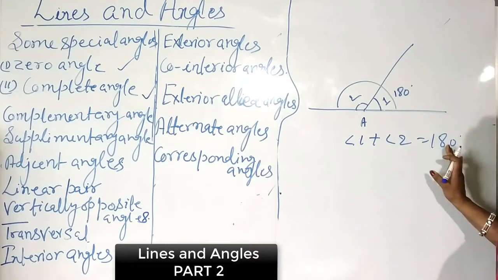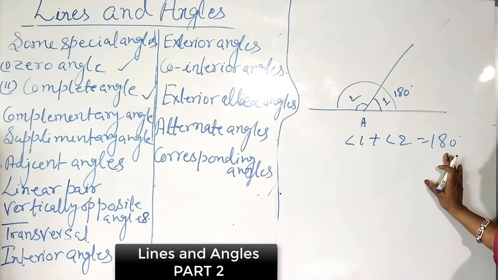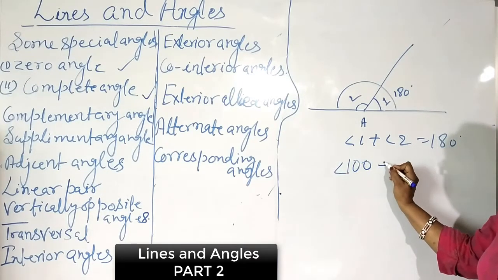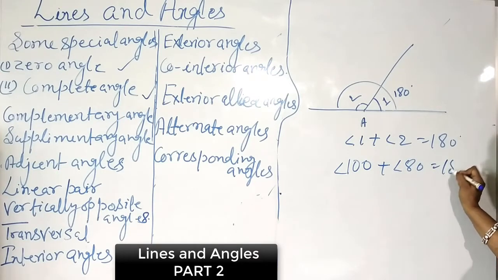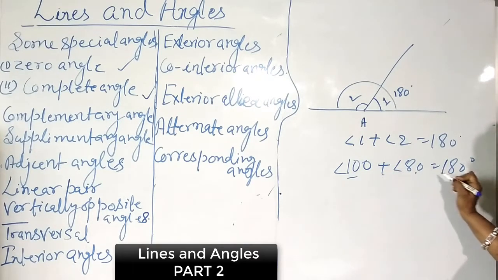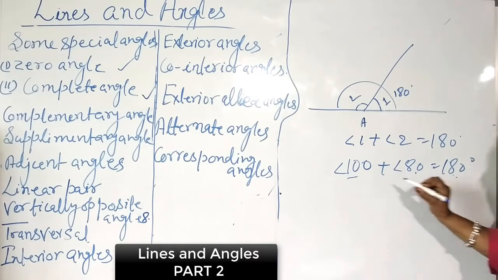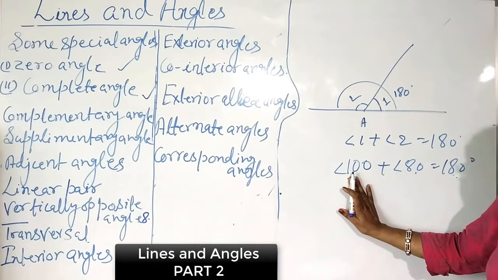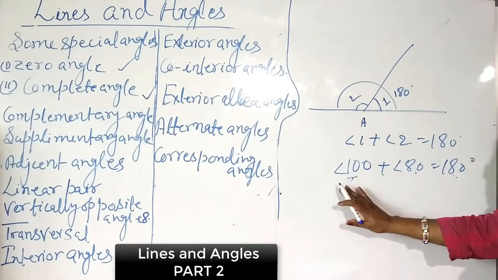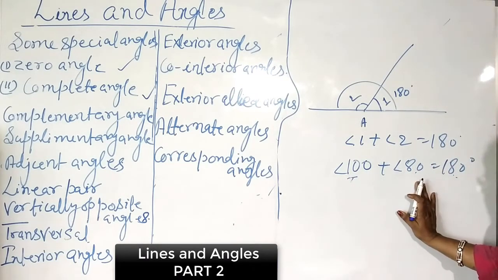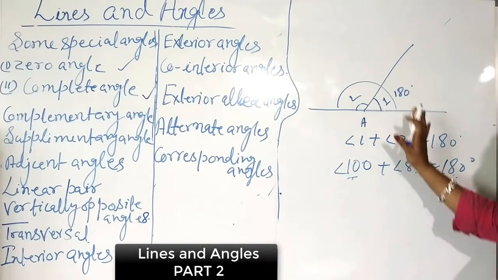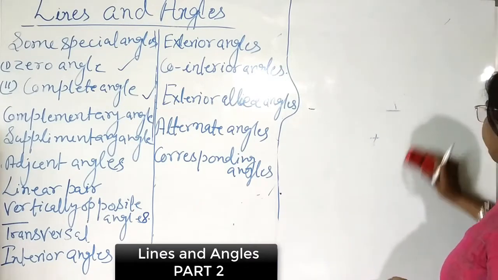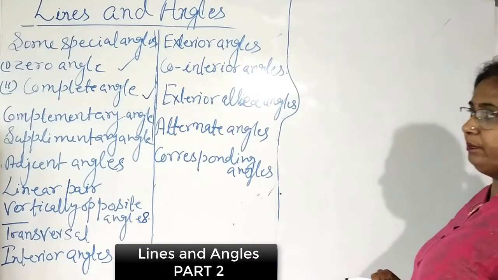For example, angle 100 plus angle 80 degrees is equal to 180 degrees. 100 plus 80 is 180 degrees. 80 degrees is the supplement of 100 degrees, and 100 is the supplement of 80 degrees.